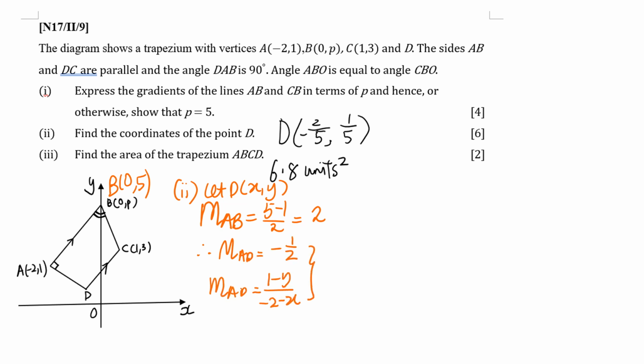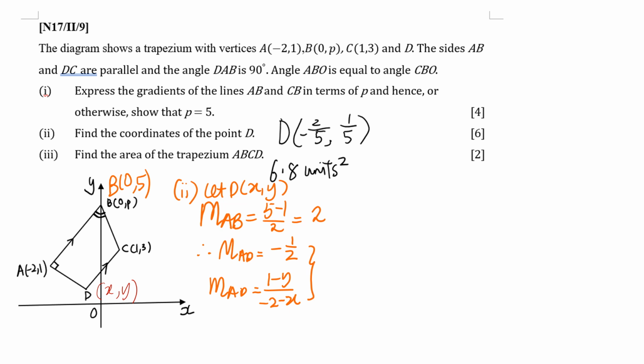Therefore the gradient of AD, because AB is perpendicular to AD, will be -1 divided by the gradient of AB, which gives you -1/2. From there you see that I use the gradient formula, because I let point D be (x, y): y2 minus y1 over x2 minus x1.